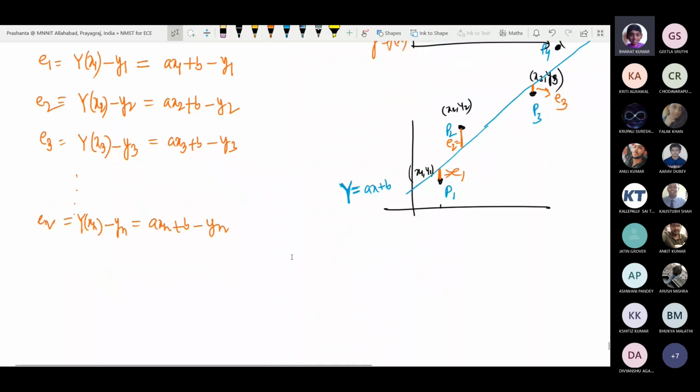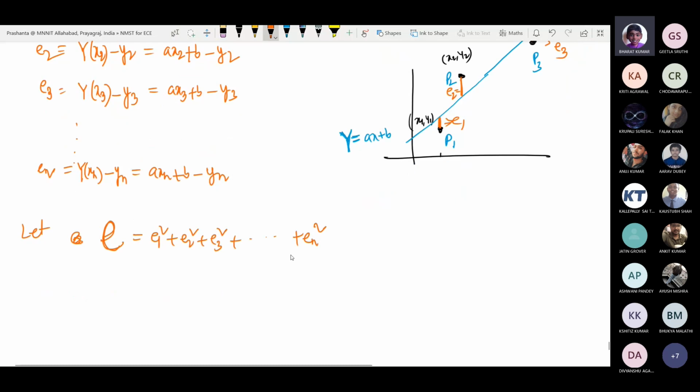Now what do you do? You have to accumulate the error by squaring it. So let E equal E1 square plus E2 square plus E3 square up to En square.